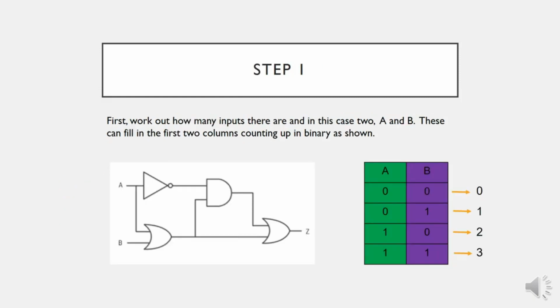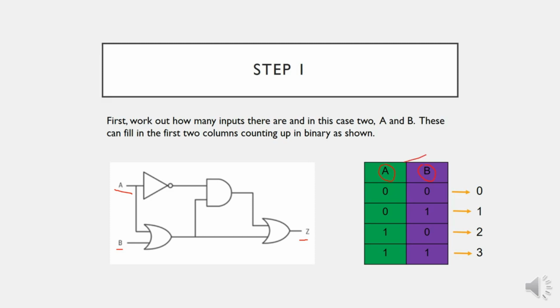We know from the previous slides that we have 2 inputs, A and B, and 1 output. The first step is to fill in the first 2 columns, the input columns A and B, and count the combinations by counting up in binary. Why do we have 4 combinations?